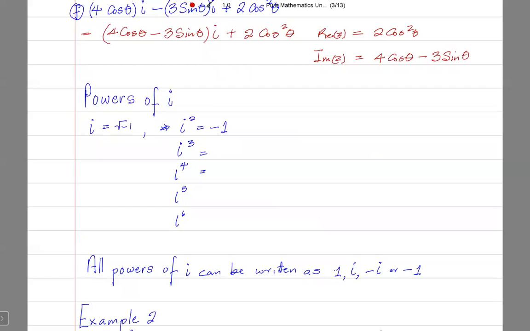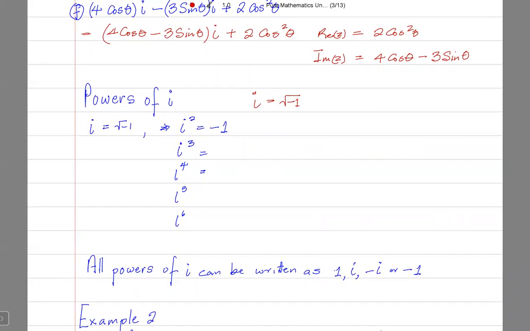All right, let's talk about powers of i. So if everybody remembers that i is actually equal to the square root of -1. That is what i is equal to.